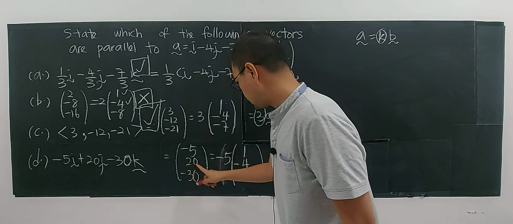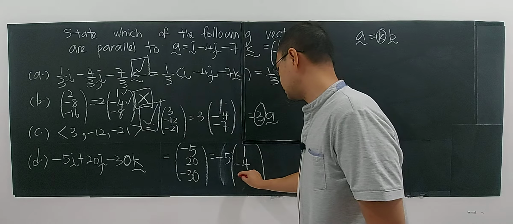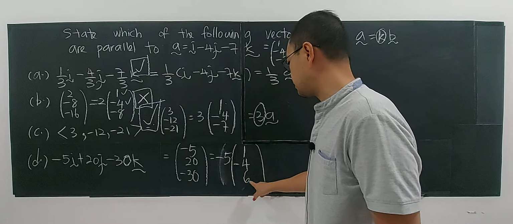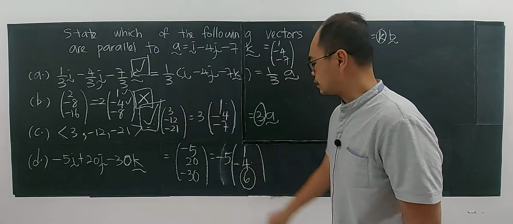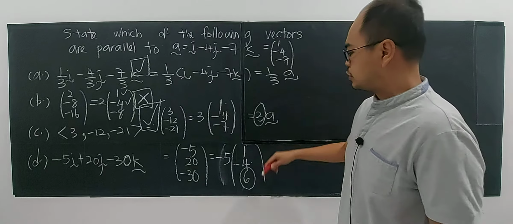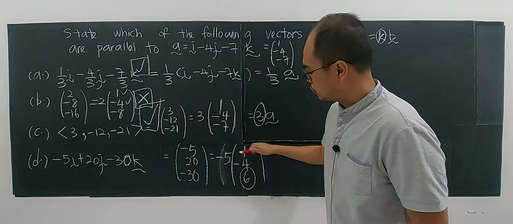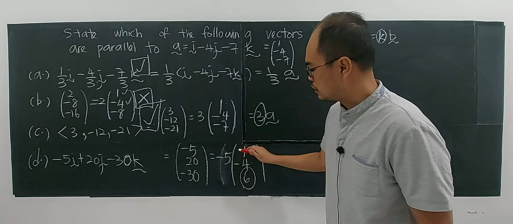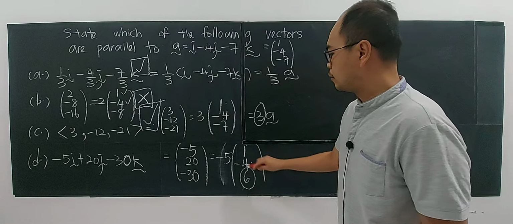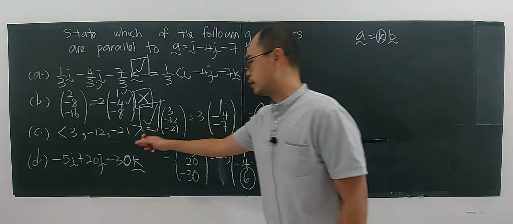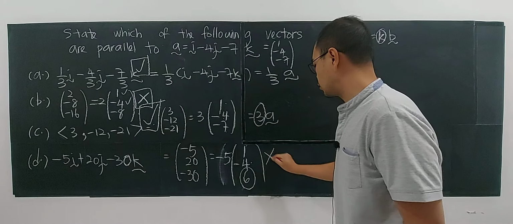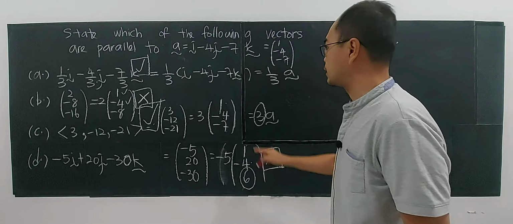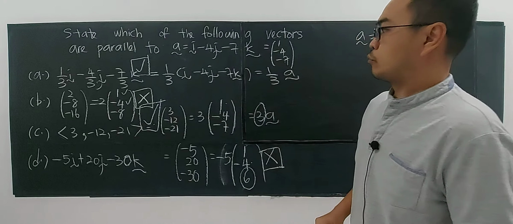And this one should be 6: -5 times 6 is -30. You see, 1, -4, but this is 6. So this is not A. After you factor something out, this is not a vector A. So it means that you cannot rewrite this vector as a scalar of this vector, and we say that this is also not a vector that is parallel to this vector A.